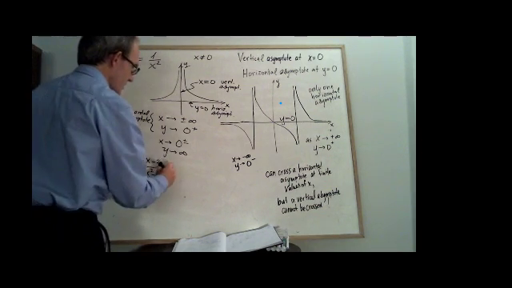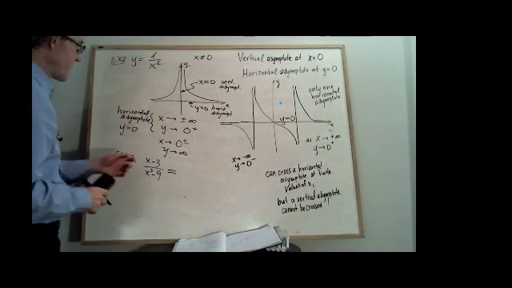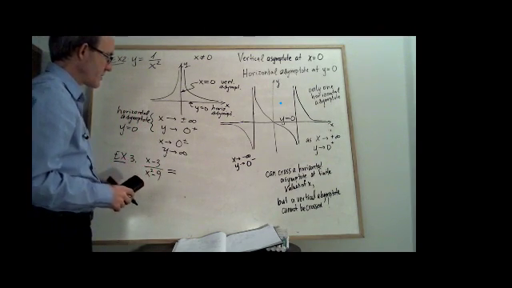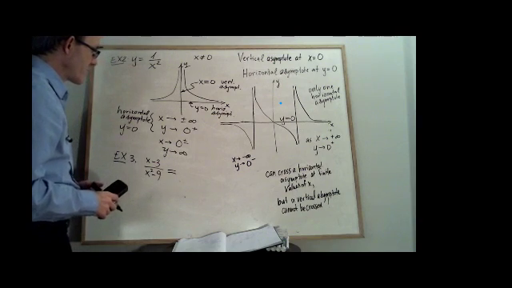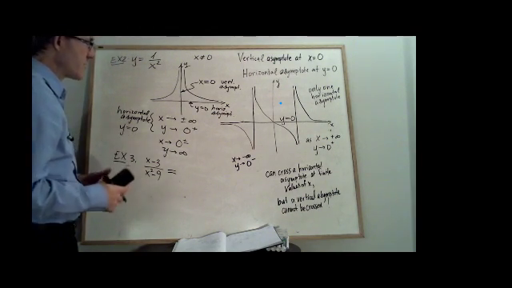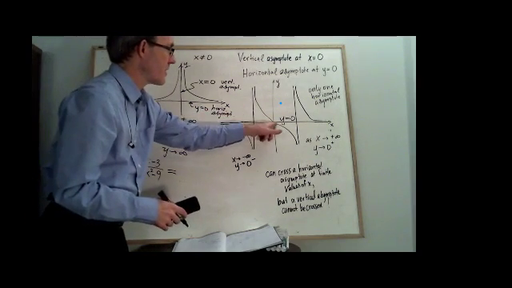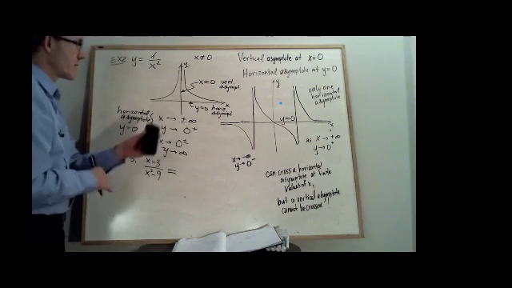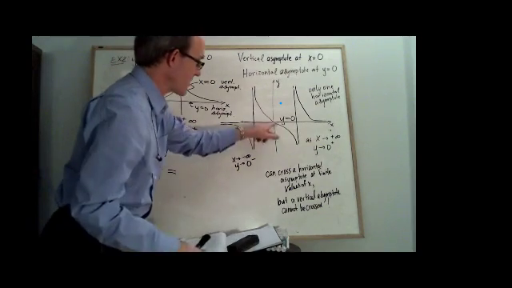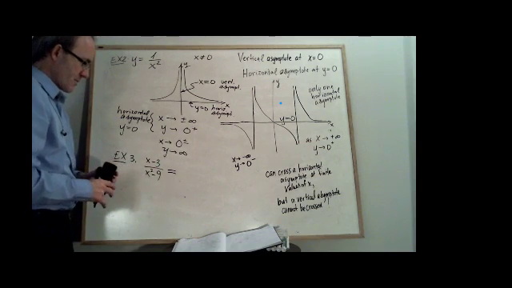What we always do, it's a good idea, is factor both the numerator and denominator. We'll see why very shortly. If you want to find all of the zeros of the rational function, those are points where it will cross the x-axis. Like right here, this will be a 0 of the numerator. The numerator is what gives you all the zeros.